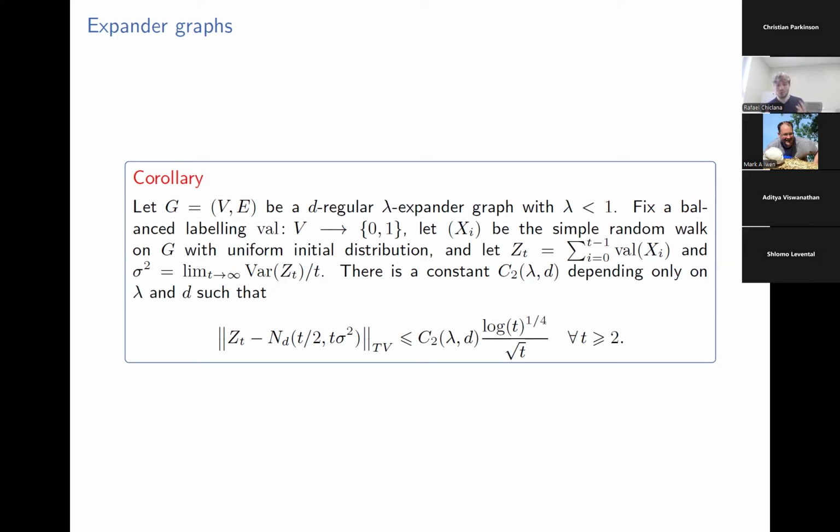So the conclusion here is that if you want to apply this method, what you need to check is that the variance of the simple random walk is very close to 1/4. If the variance is very close to 1/4, then these two normal distributions will be very close to each other. And then yes, up to a small error, you can say that the information you get will be very similar. And as I said, this will depend on the correlation between vertices.